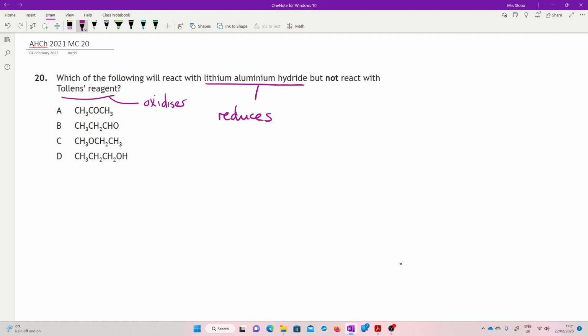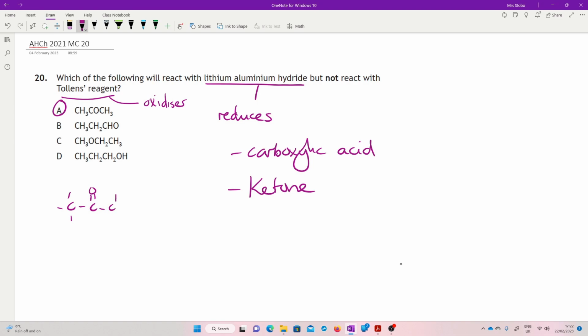So I want something that will reduce but not be oxidized. Reduce but not oxidized means I'm really looking for either a carboxylic acid, because that's at the end of the primary chain, or a ketone. Here's your answer. You can draw it out. There's a ketone.